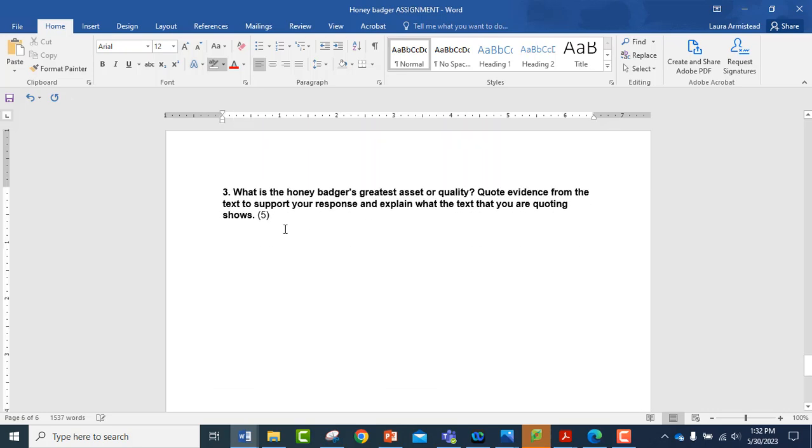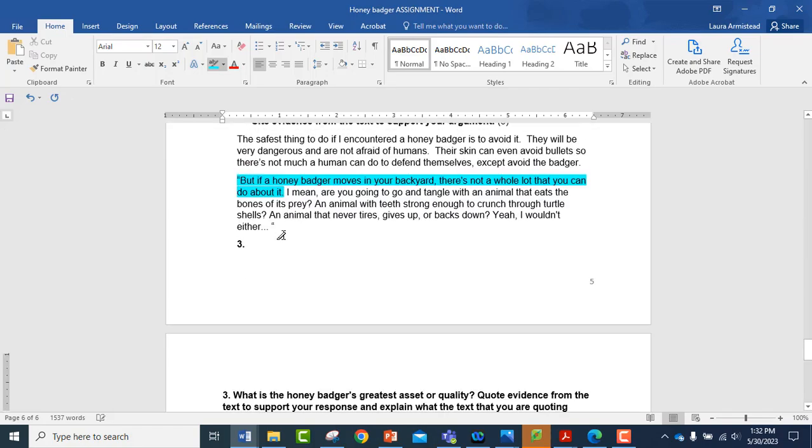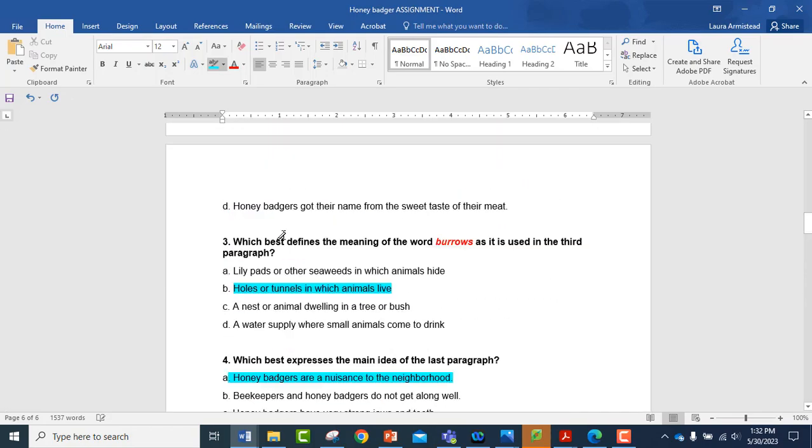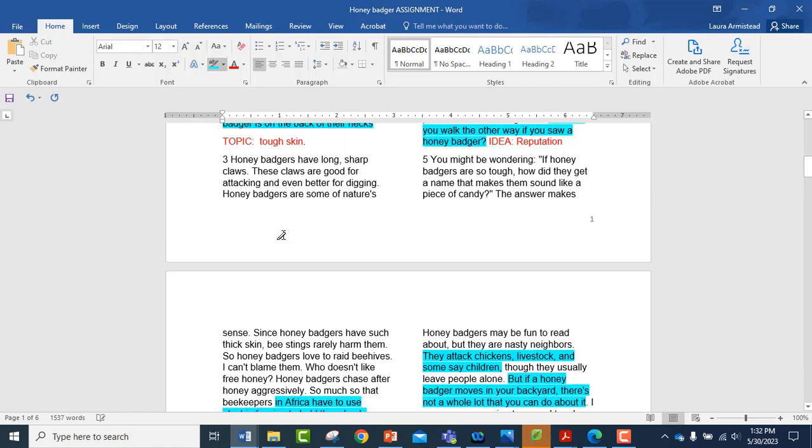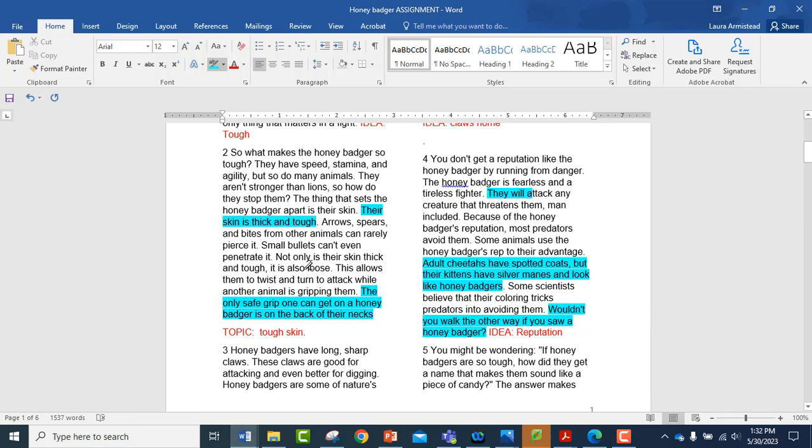Okay, last question. What's the honey badger's greatest asset or quality? So with this one, I have to decide that for myself. So I think it's probably their skin, maybe? Because I think, yeah, their skin is thick and tough. Bullets can't penetrate it.